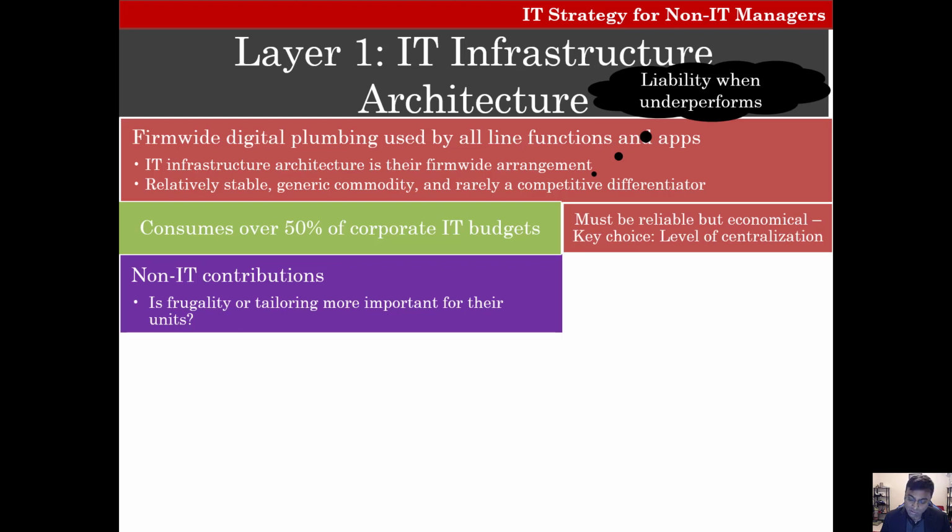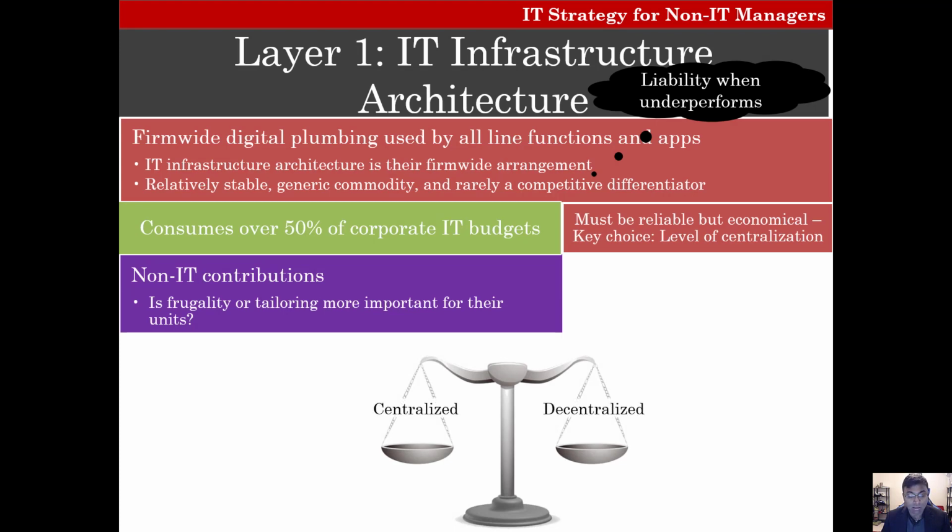One of the decisions which need to be made is how much to decentralize IT infrastructure, how much to centralize it. Centralization creates firm-wide economies of scale by aggregating IT infrastructure demands of all line functions and eases analytics-friendly firm-wide integration, but also concentrates its vulnerability.